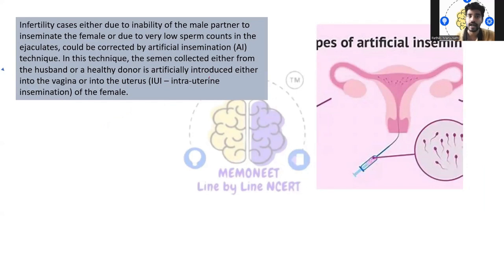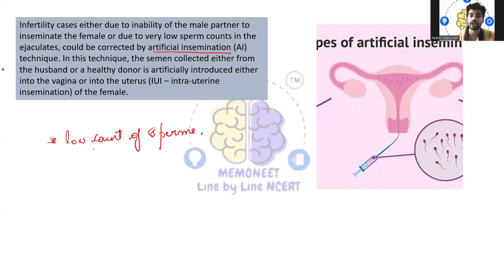For example, artificial insemination is one method. What happens if the male parent is unable to produce sperm or inseminate the female? One reason might be a low count of sperms, which leads to improper ejaculation.